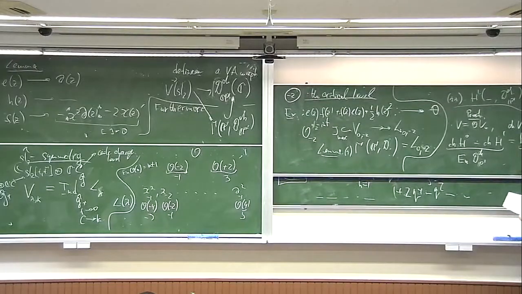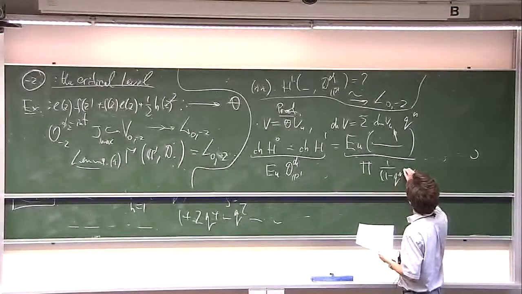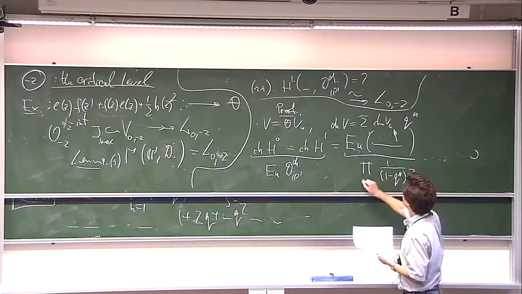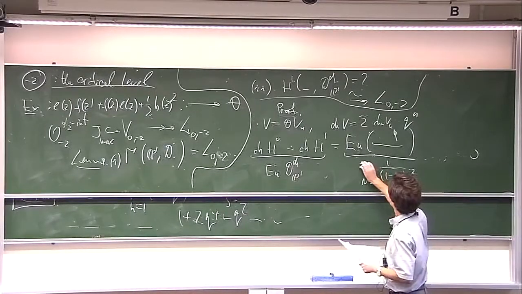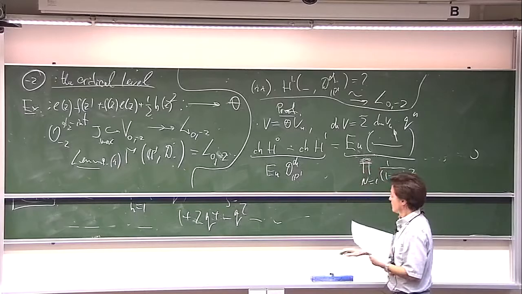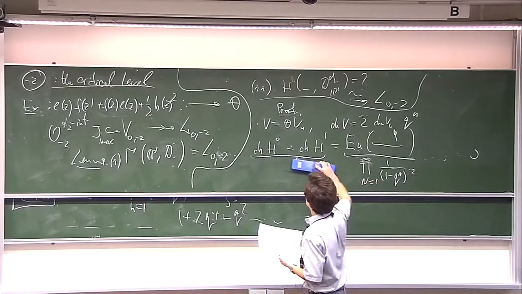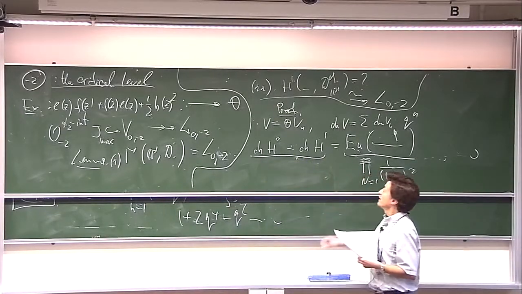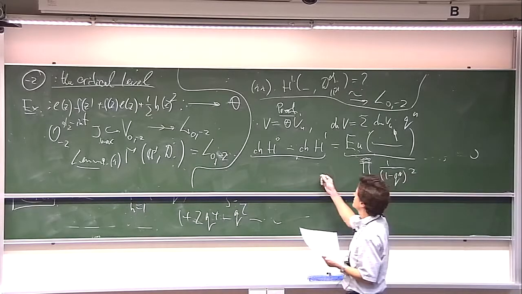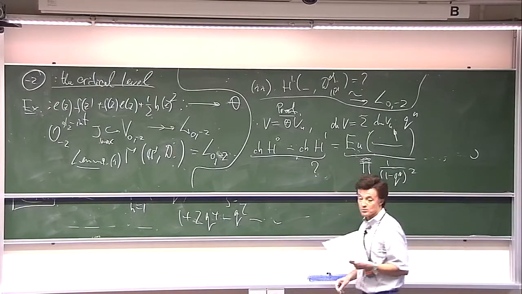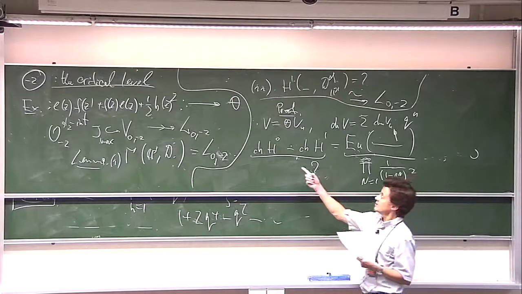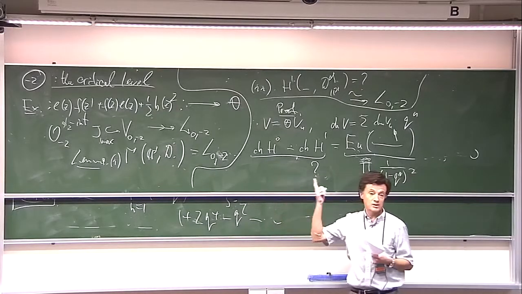So the result is this. That is subject to, so this is my unknown. That's the SL2 reducible at the critical level.